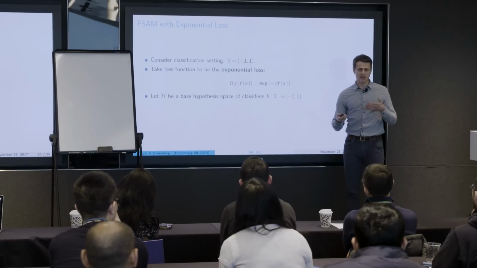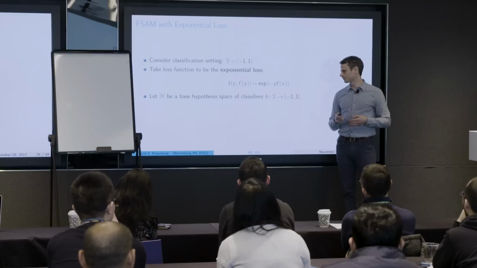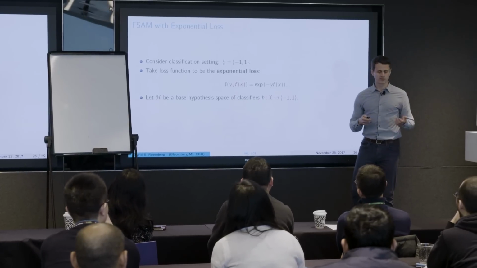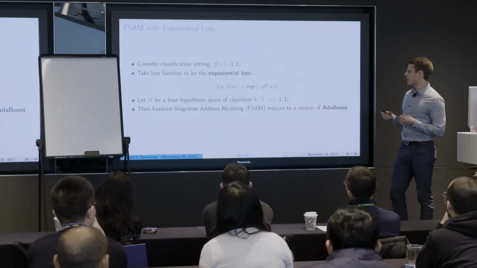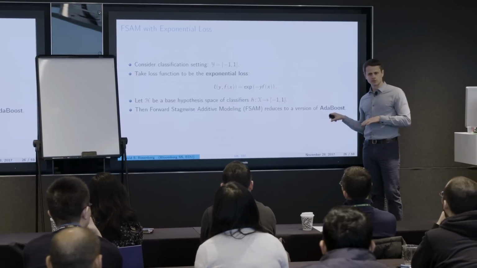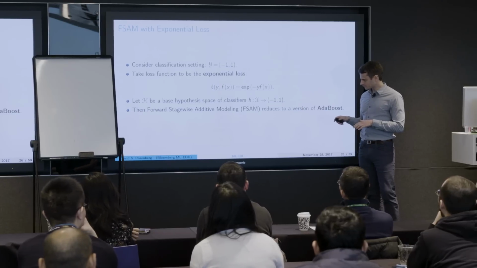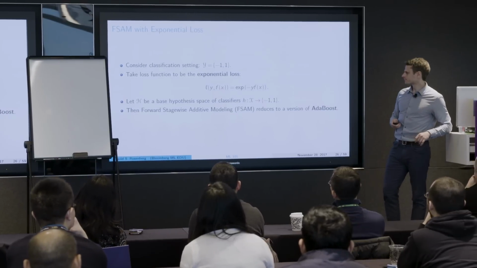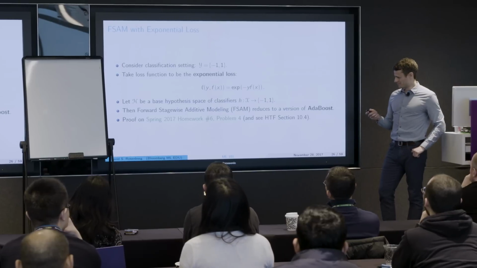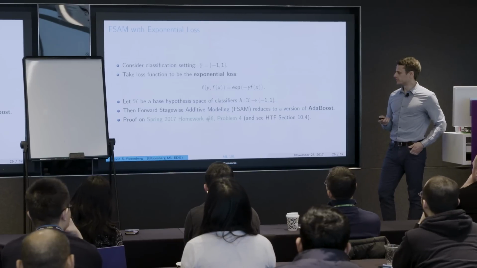It's just that its values are only ever -1 and 1. And so we could plug it into a square loss. So forward stage-wise additive modeling reduces to a version of Adaboost in this case, if we use this exponential loss function. And you could derive that fairly straightforwardly.